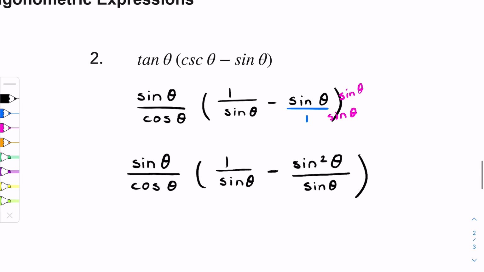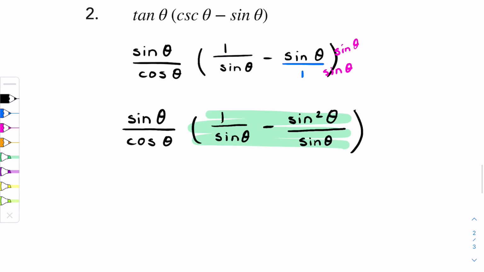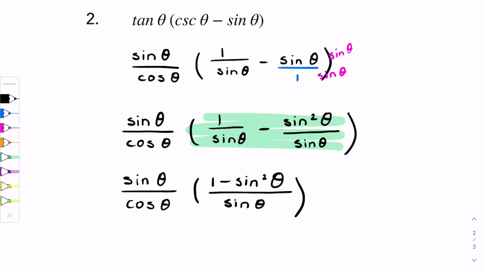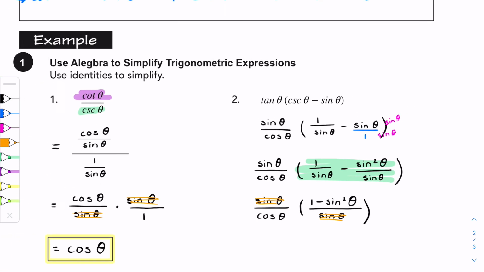Now, inside of my parentheses, I can simplify this to one single fraction, giving me sine of theta divided by cosine of theta multiplied by 1 minus sine squared theta divided by sine of theta. This is multiplication, so I see that I can eliminate sine of theta in my numerator and in my denominator. And now I should be left with one value.